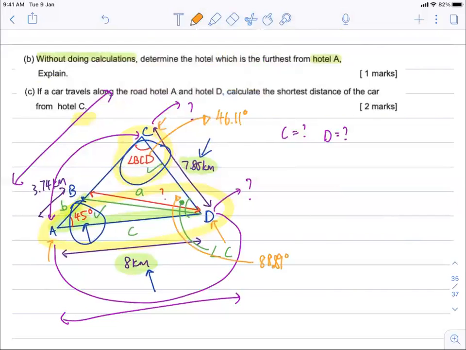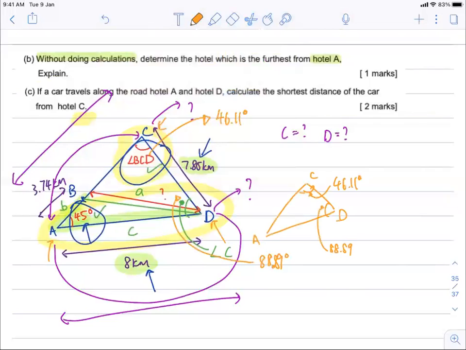So if we know these two angles, right, we can actually indirectly know the length on the other side of the triangle. Let me redraw this triangle. This is A, C, and D. So you know that this is 88.89 and this is 46.11 degrees.